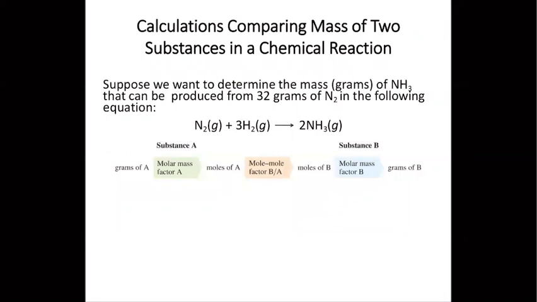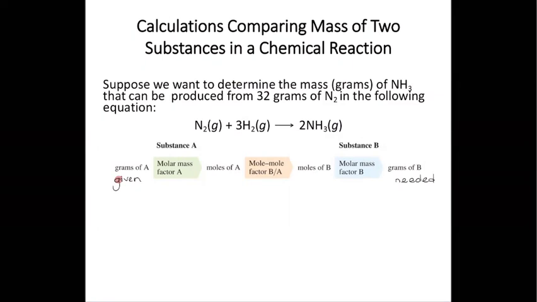We are going to assume that we have enough molecular hydrogen to react all of that molecular nitrogen. Because we're going from mass to mass, this is what is given, and this is what is needed.